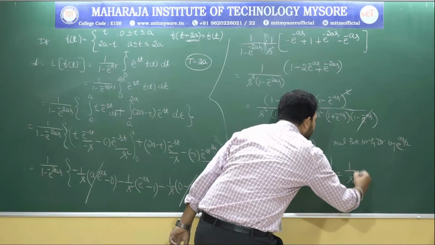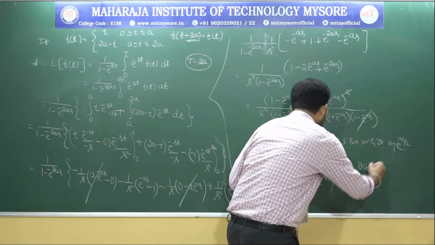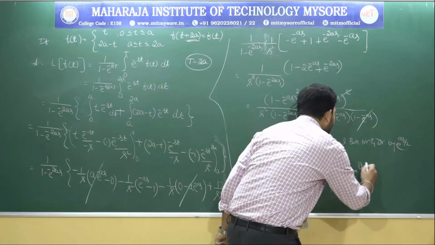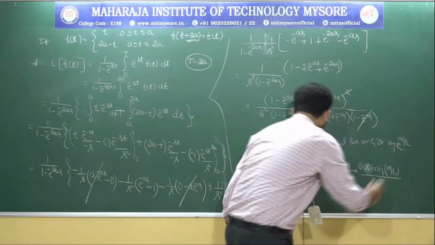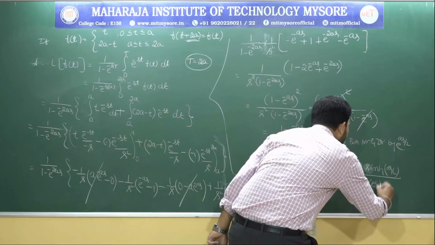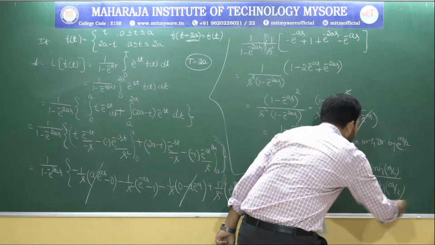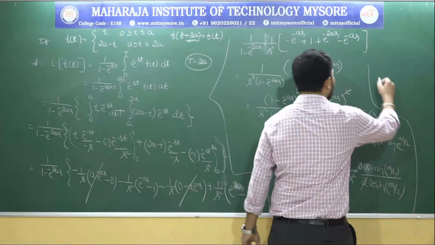It is 1 by s square into 2 into sine hyperbolic as by 2, since sine hyperbolic theta is e power theta minus e power minus theta over 2, and it is 2 into cos hyperbolic as by 2. 2 will get cancelled.